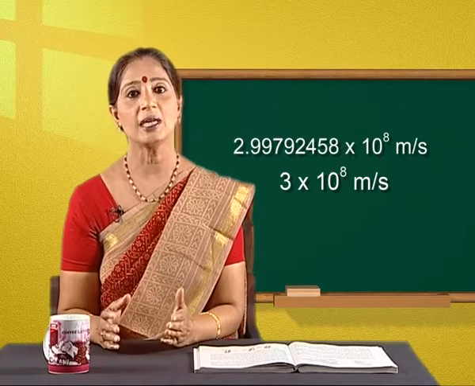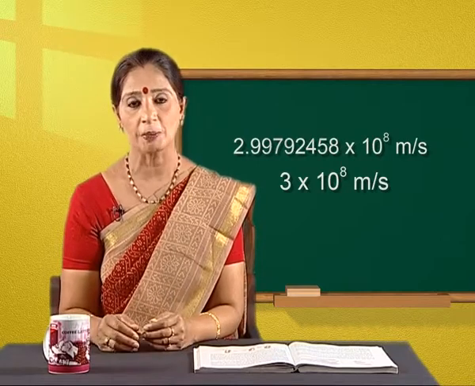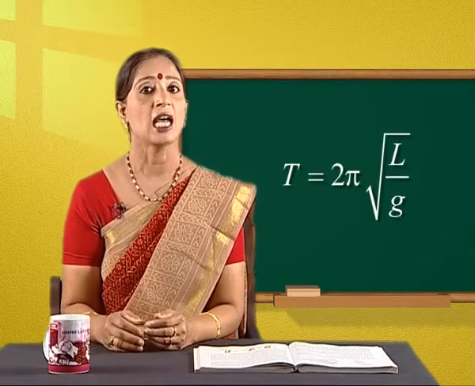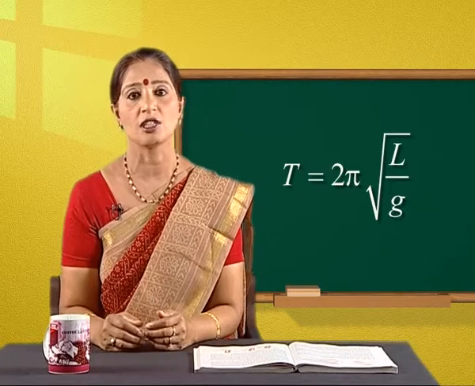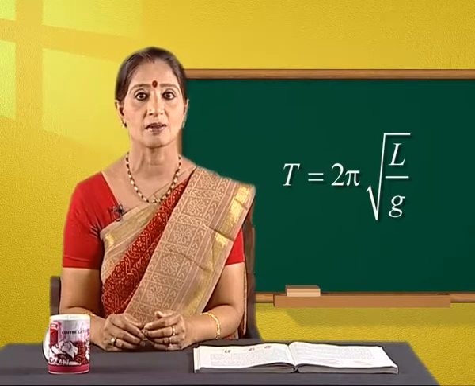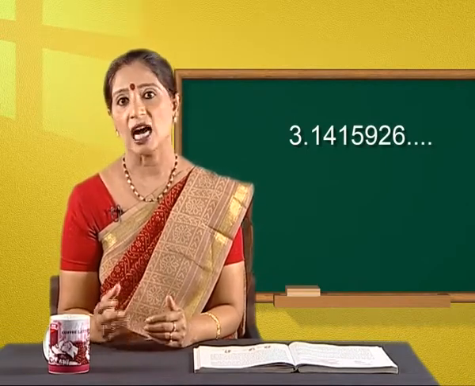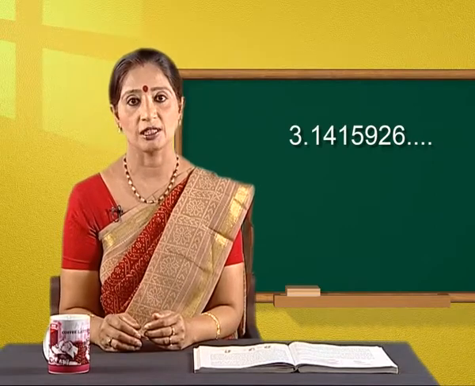Finally, remember that exact numbers that appear in formulae like T equals 2π under root L upon g have infinitely large number of significant figures. The value of pi is equal to 3.1415926 and it goes on, and is known to a large number of significant figures.